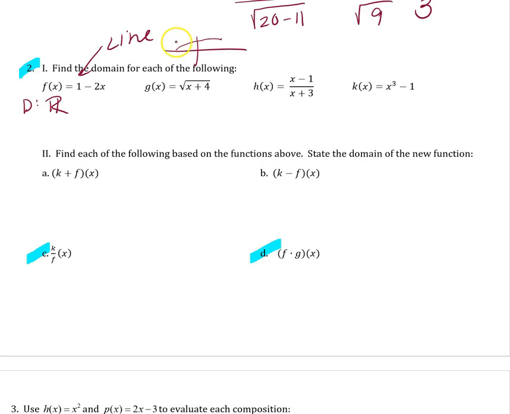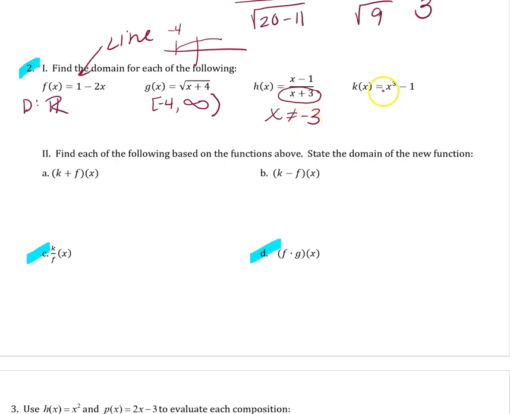So if I'm talking about the domain, it's going from -4 to infinity. Okay, for h of x, I just need to make sure that this guy doesn't go to 0. So x cannot equal -3, otherwise the domain is all the rest of the real values.